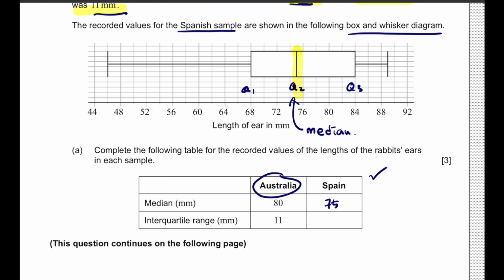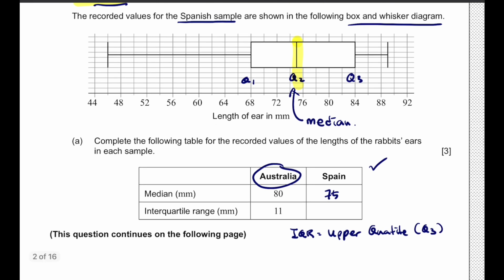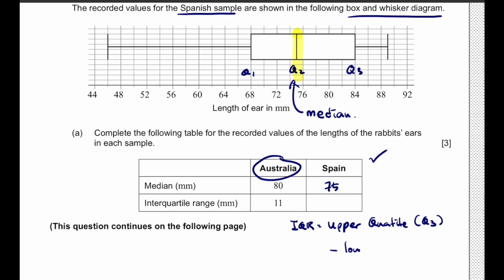And also, to calculate the interquartile range, the IQR, we have to subtract the lower quartile value from the upper quartile. So the upper quartile, which is the Q3 value, minus the lower quartile, which is Q1.